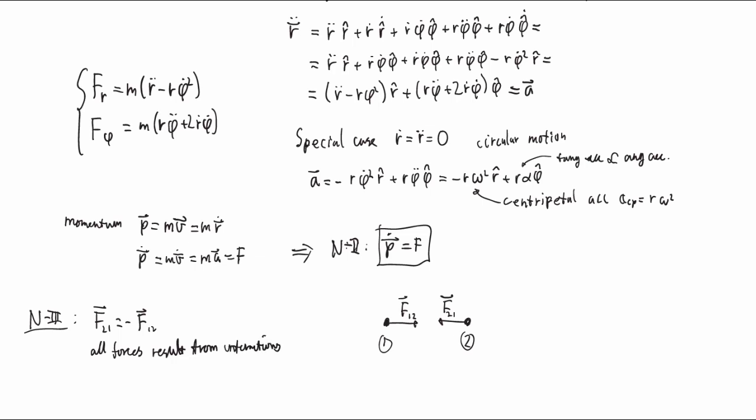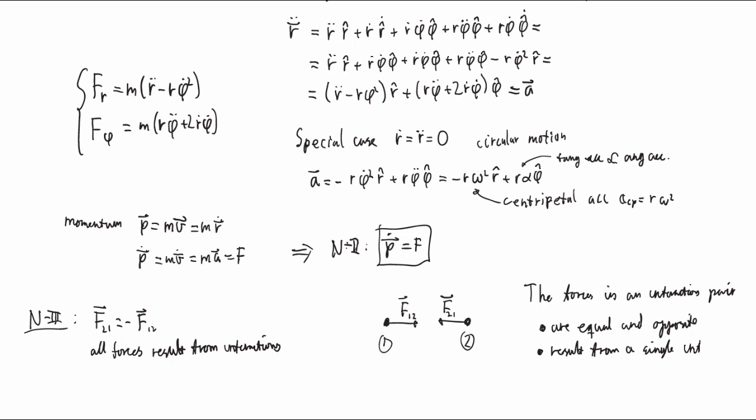So to recognize when you have an interaction pair like this, we can make the following 3 points. The forces in an interaction pair are equal and opposite. They result from a single interaction. And they act on different bodies.